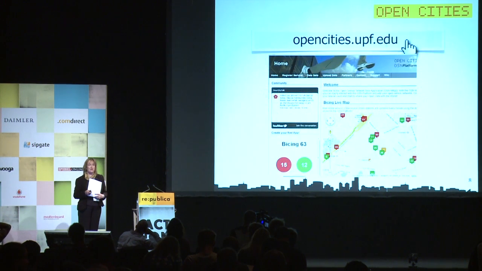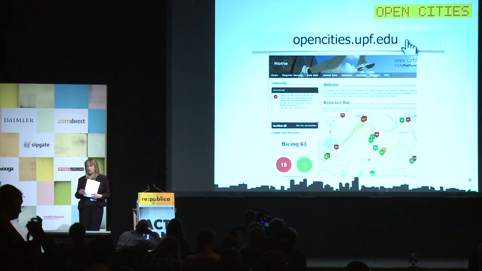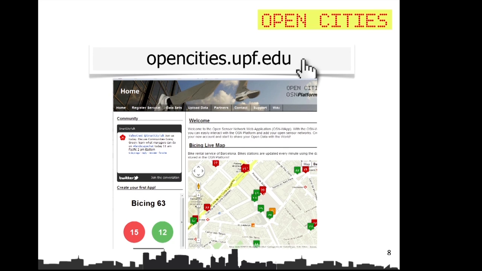Or you can even think of online real-time data from sensor networks, as, for example, provided by our partners in Barcelona, which have established sensor networks in the urban environments, for instance about bike stations. And, of course, further sensor networks can be used to contribute to this Open Cities Challenge.